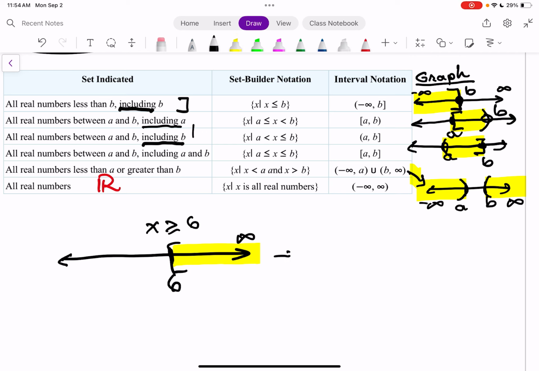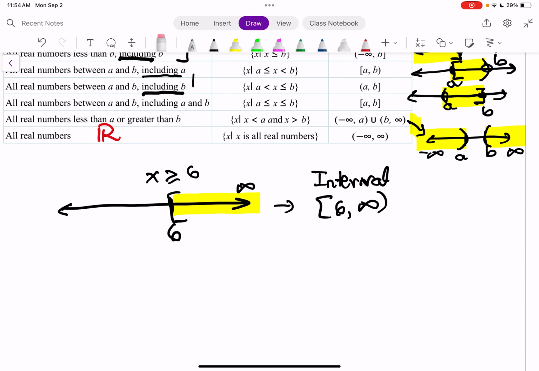So the interval notation for this, which is something that we will use a lot, is from 6 to infinity.